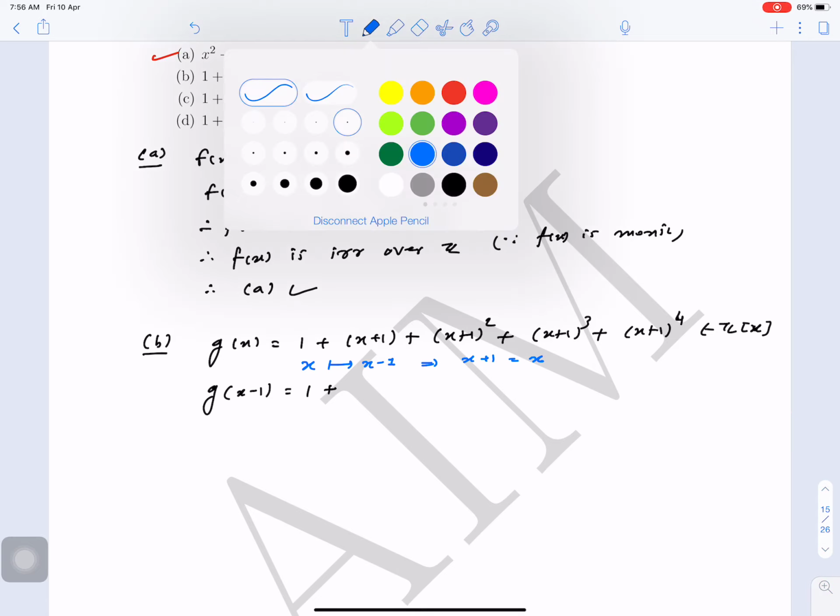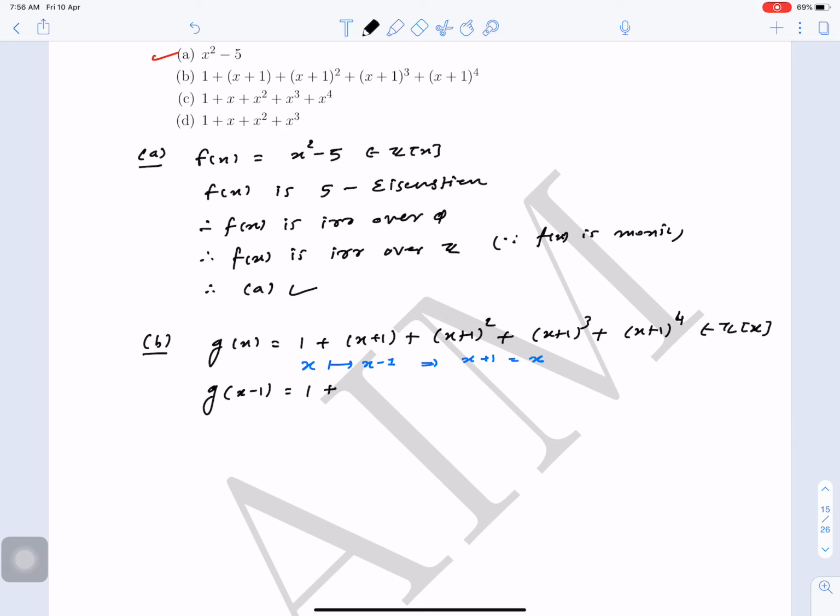So it is 1 plus x plus x square plus x cube plus x raised to 4. But this is phi(x), so it is also in Z[x].